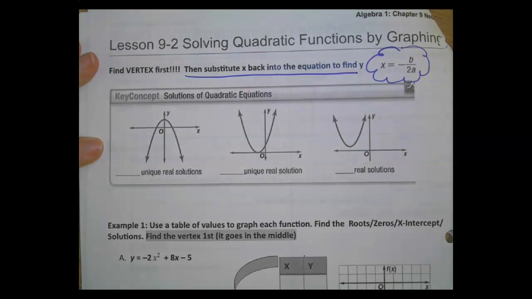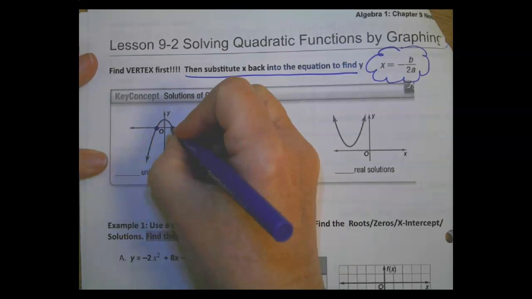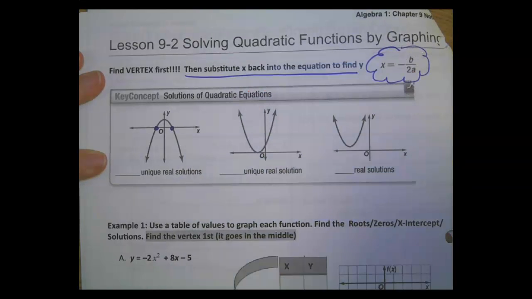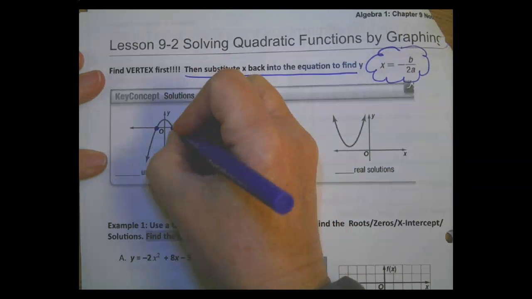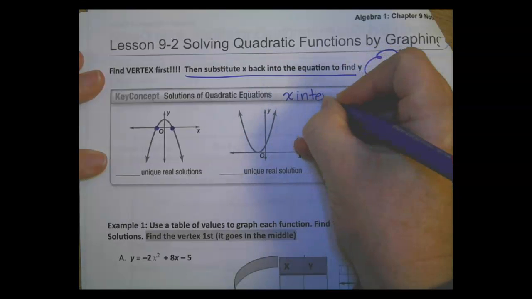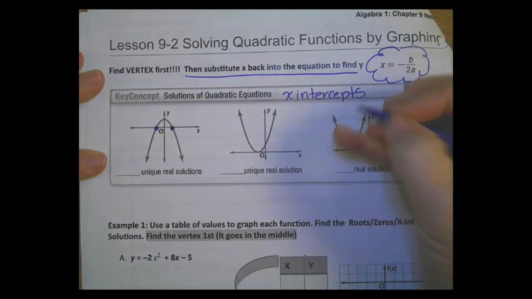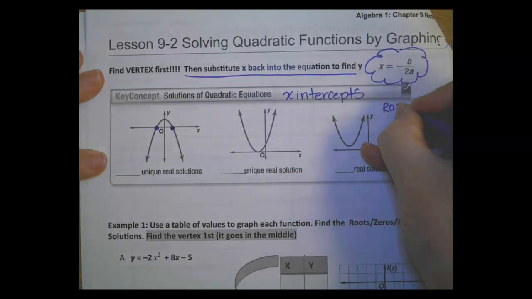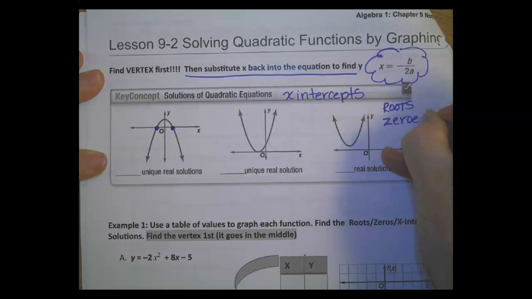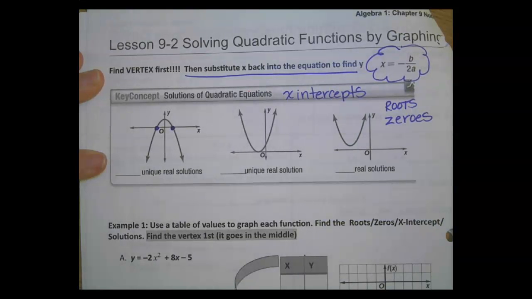When you graph these, and your graph looks like this, you end up with two solutions. When they're talking about solutions, they're talking about your x-intercepts. Sometimes they call them solutions, sometimes roots, sometimes zeros.